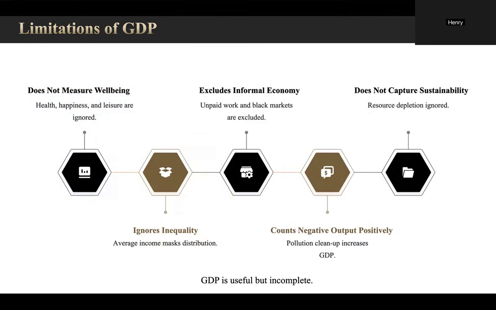And interestingly, GDP can even count negative outcomes positively. For example, cleaning up pollution increases GDP even though pollution itself is harmful. Finally, GDP does not capture sustainability. If a country depletes its natural resources, GDP may rise in the short term, but long term well-being could fall. So GDP is useful, but definitely incomplete.